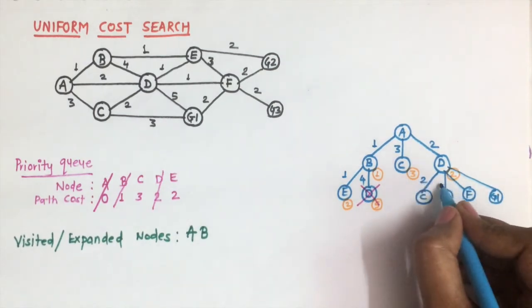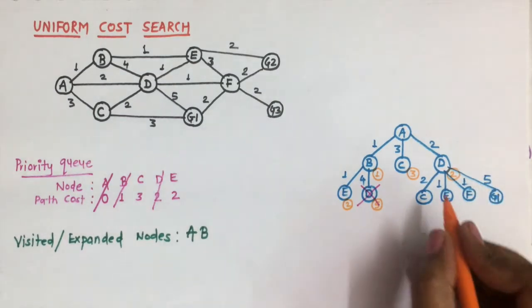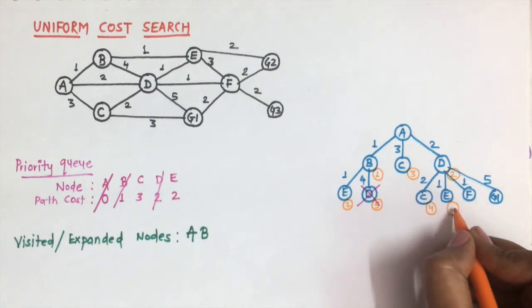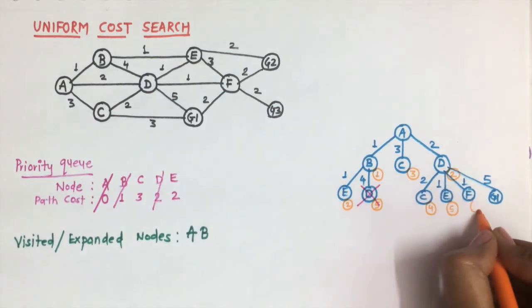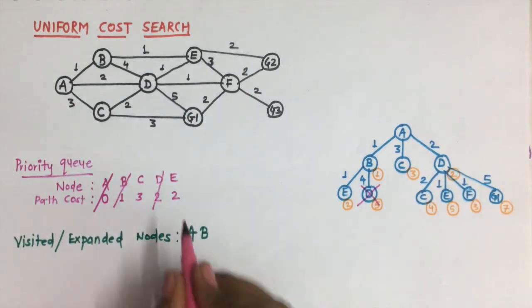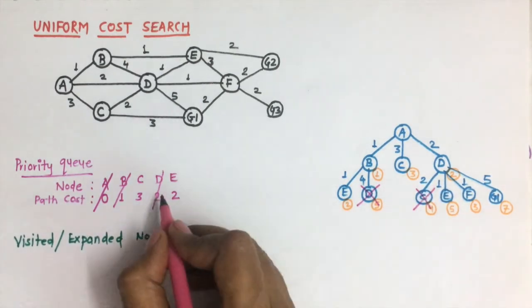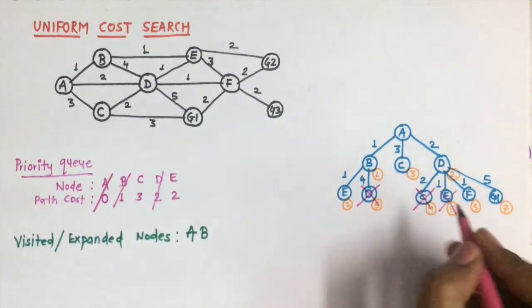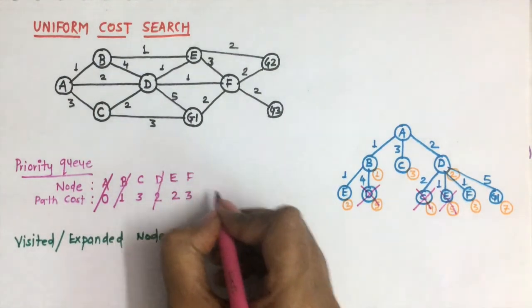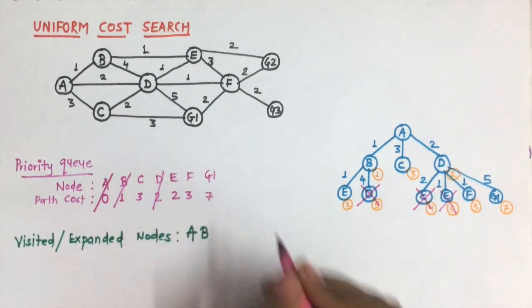Nodes C and E are already in the queue, so their path cost can be updated. Node F is added to the priority queue and node G1 will be added to the priority queue.